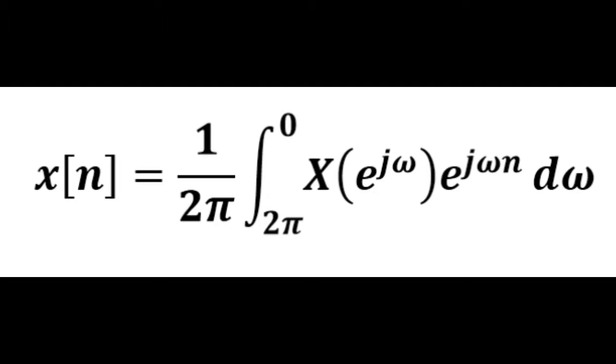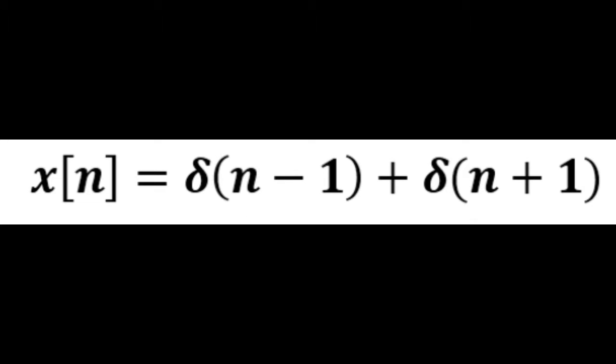For its inverse, x[n] is equal to 1 over 2π times the integration from 0 to 2π of X(e^{jω}) times e to the power of jωn with respect to ω.